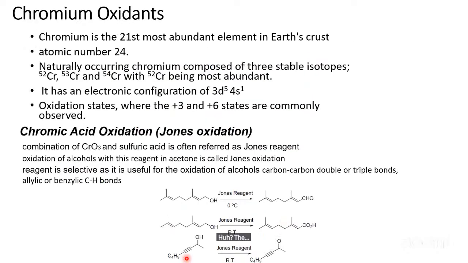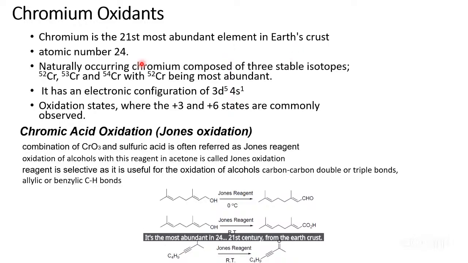The second oxidizing reagent we are going to review is the chromium 6 compound oxidant. This chromium is abundant in the 21st century from the earth crust.